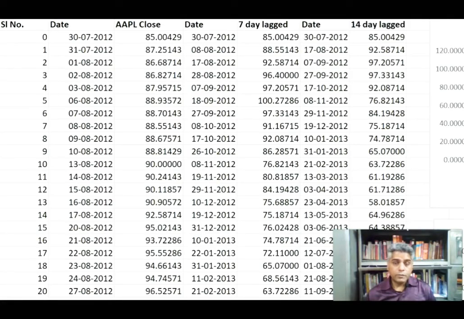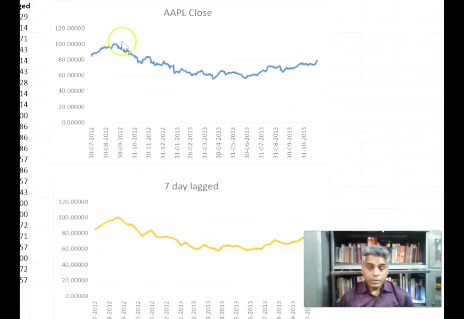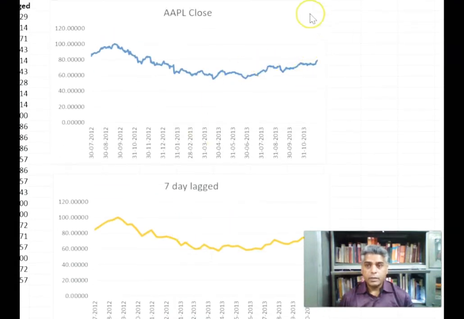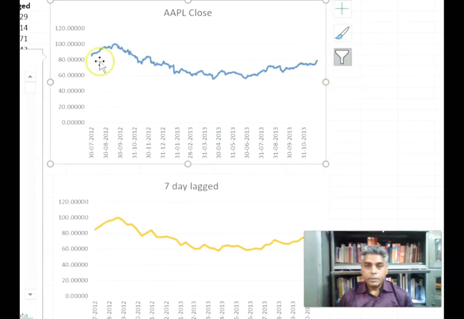Next, we plotted the graphs for these three series: the original series, the 7-day lagged, and the 14-day lagged series. We have the line graphs of the three series, the AAPL close series, the 7-day lagged series, and the 14-day lagged series. As you can see, this particular series is varying quite a bit.